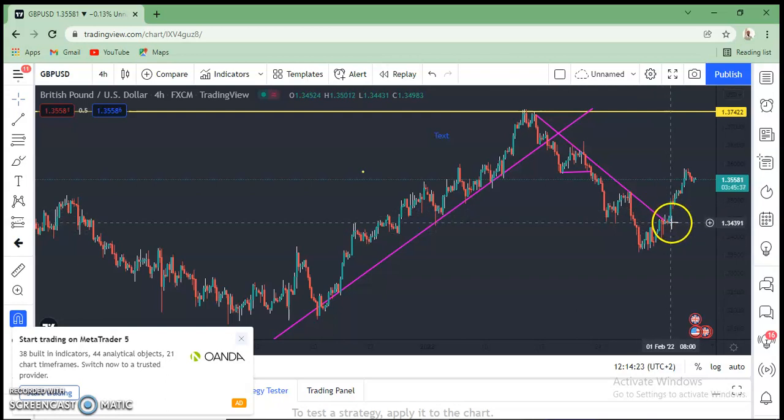So you can see the point where it was a nice buy because the market changed its direction from downward trend to upward trend.